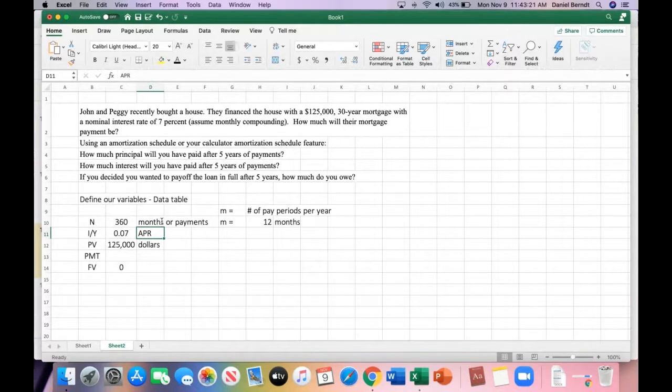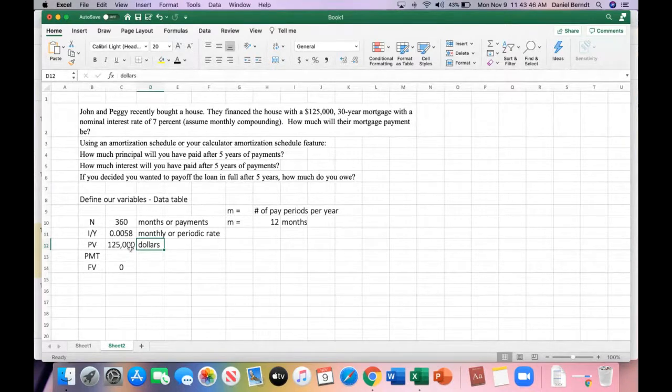And then the annual percent rate must also be converted. So we're going to say 0.07, and we have to divide that because it's an annual rate. We need it to be a monthly rate, because it's a periodic rate that we're looking for. So we're going to divide that by 12. And so that's going to give us our monthly or periodic rate, okay?